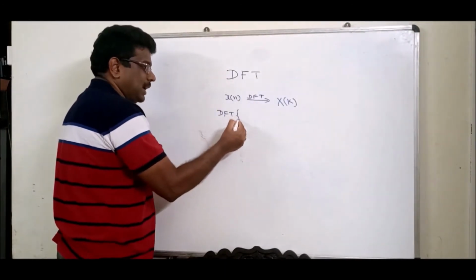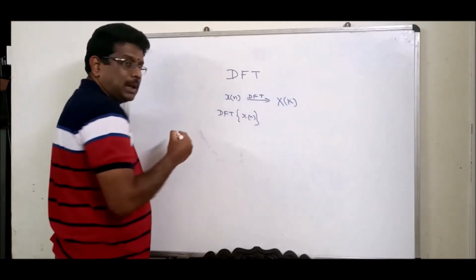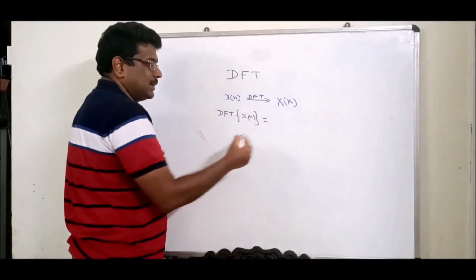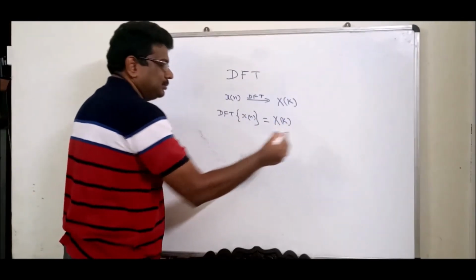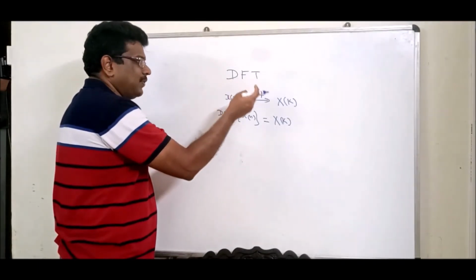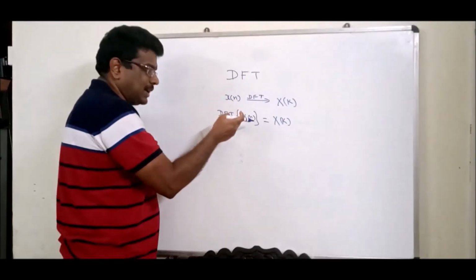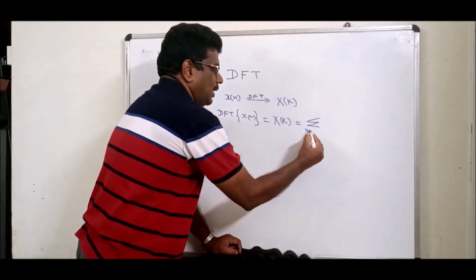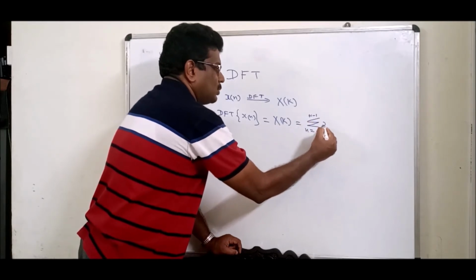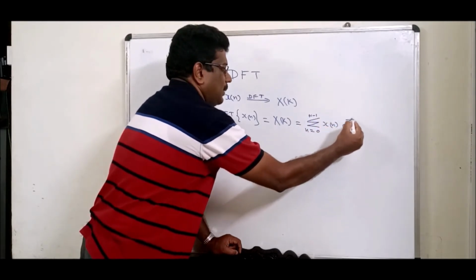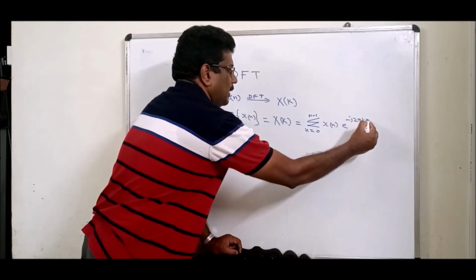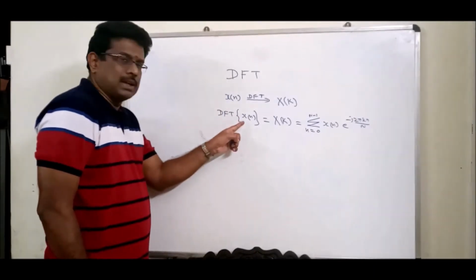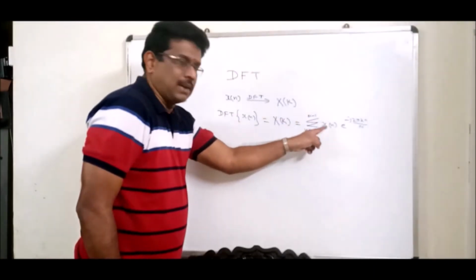Both are the same. DFT of x of n is x of k, which is summation n equal to 0 to N minus 1 x of n e power minus j 2 pi kn by capital N.